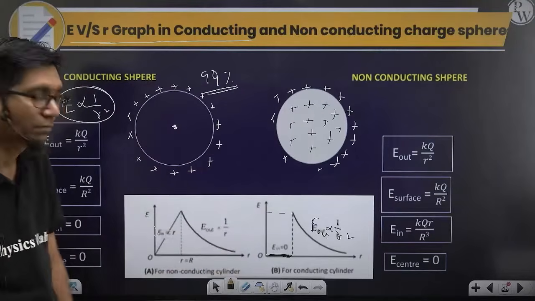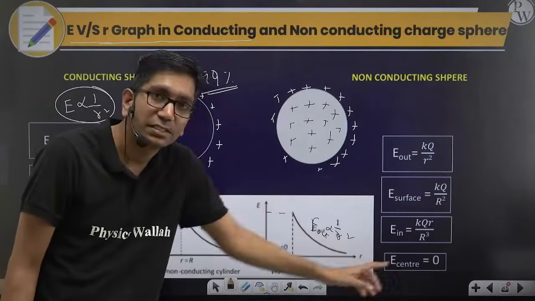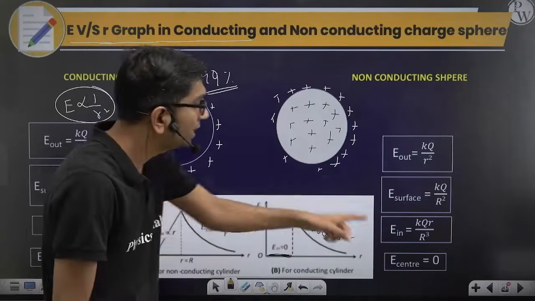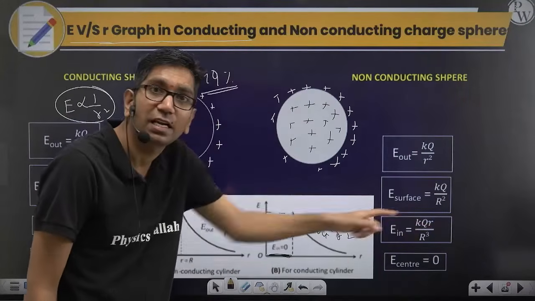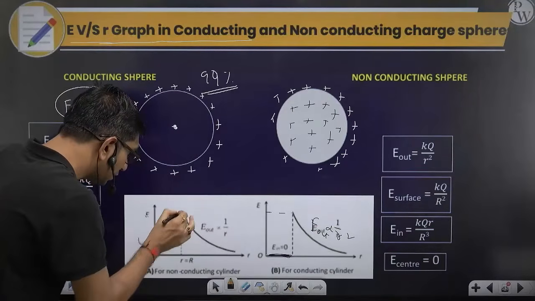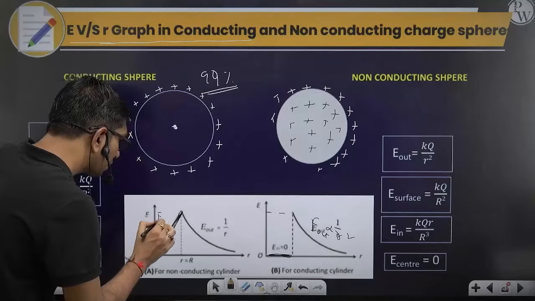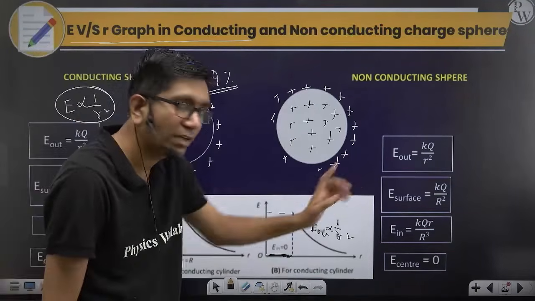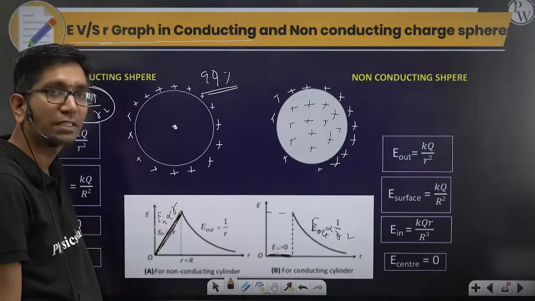So for this one, at center it is 0. Now inside, electric field intensity is directly proportional to small r. A directly proportional graph is always a straight line, like this. On the surface, maximum you have.